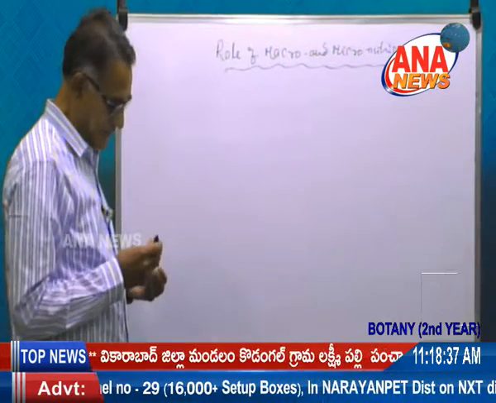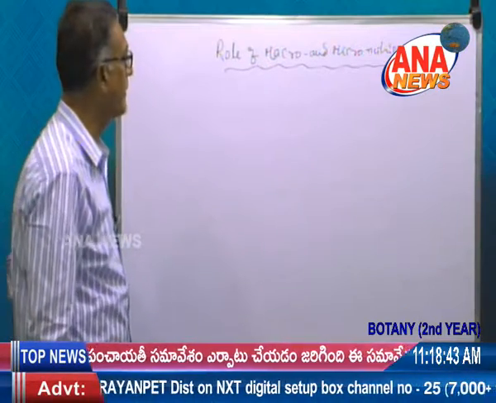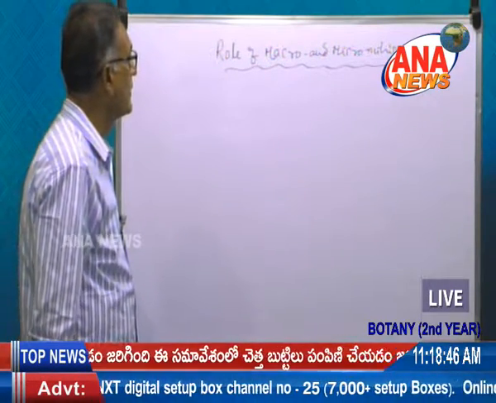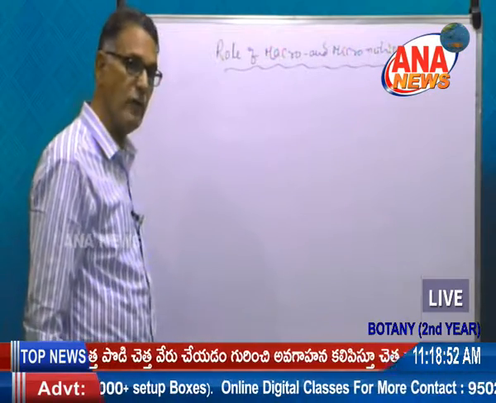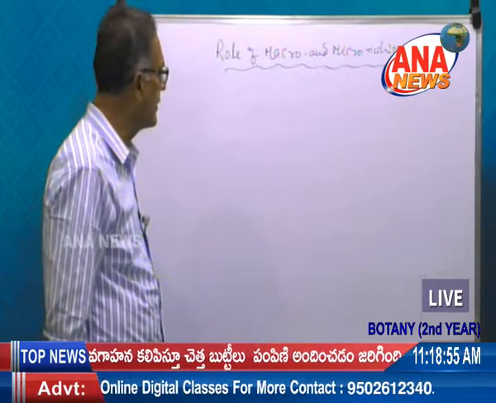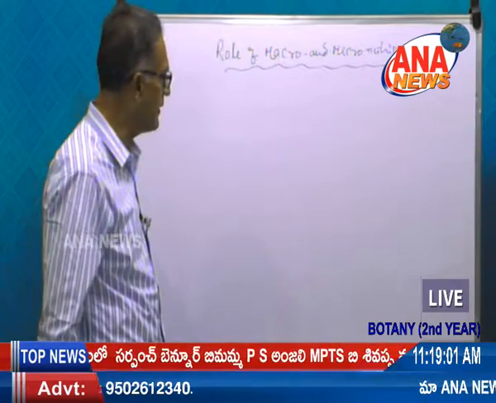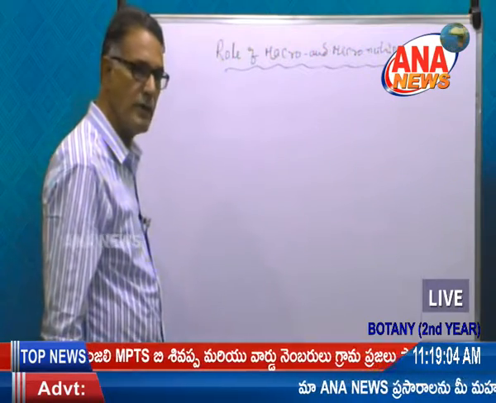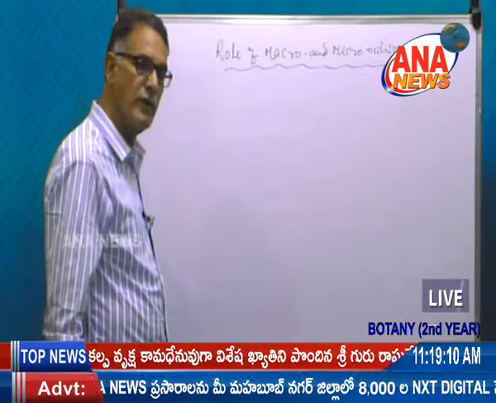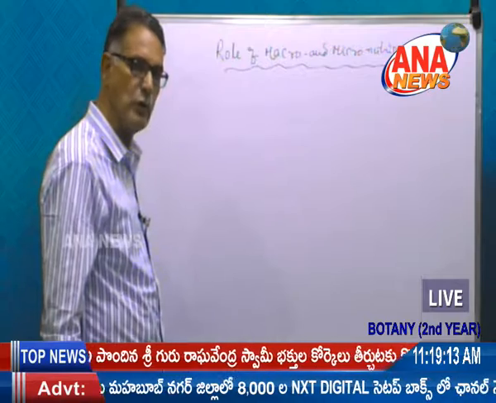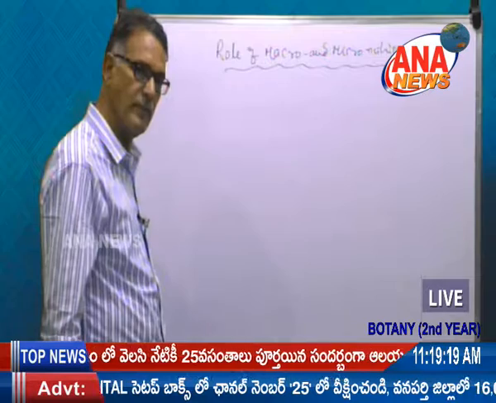The macro and micronutrients play a major role in the life cycle of the plants, in the physiological activities of the plants. They are involved in the activation of enzymes, and also maintain the permeability of the membrane and the concentration gradient of the solute, electron transport system, buffering action, enzyme action.